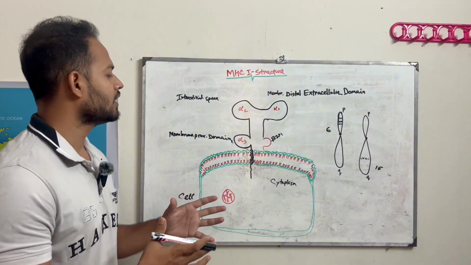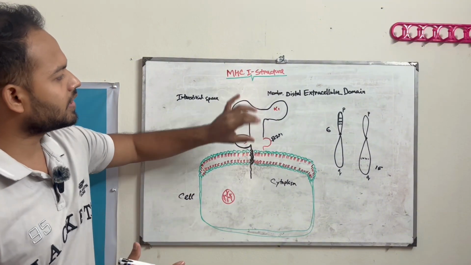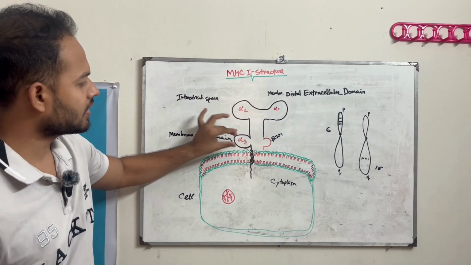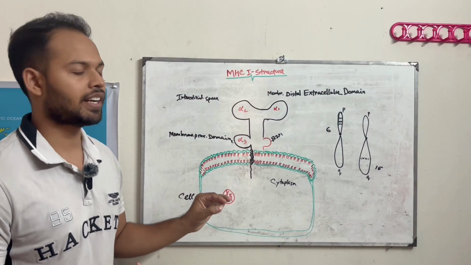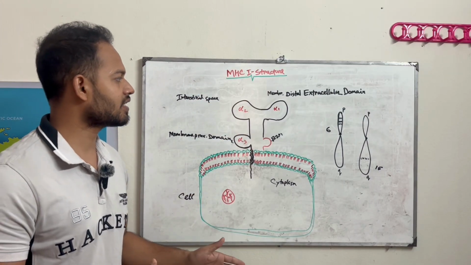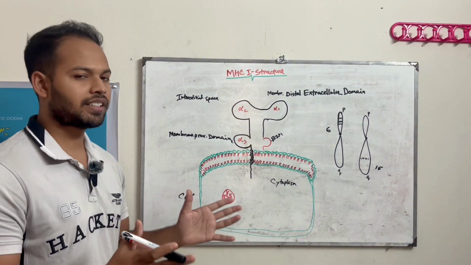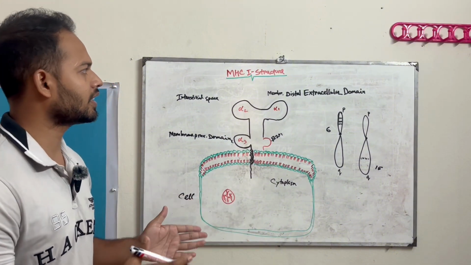At that time the TCR binds with this antigen binding groove and the CD8 co-receptor binds with this alpha 3 domain, and it releases its granzyme and perforin and kills the cell. So that's the necessity and that's the structure of MHC class 1.